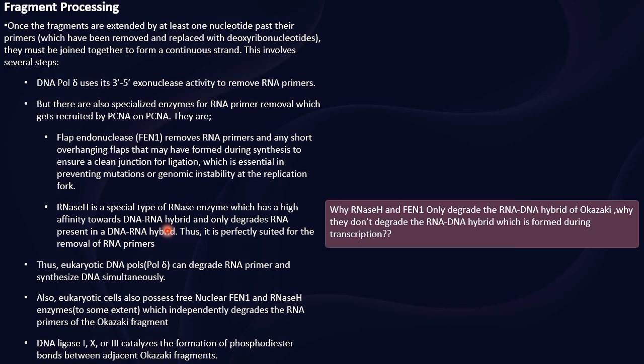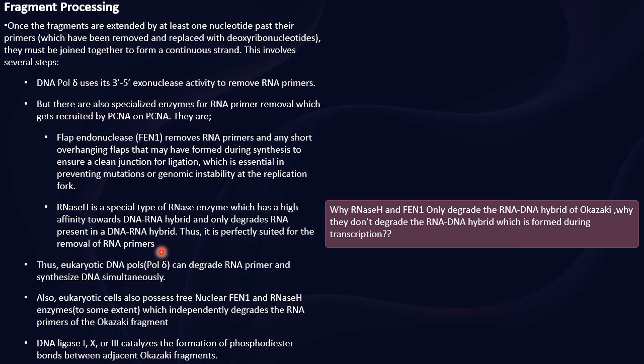Thus, it is perfectly suited for the removal of the RNA primer, as it only binds to the DNA-RNA hybrid formed by the primers and performs this exonuclease activity to cut down the primer.